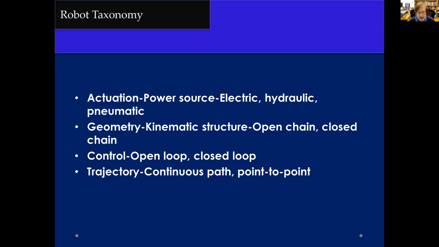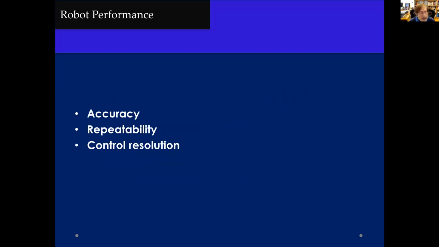These are the taxonomic terms which are used in robotics. And we have terms related to the performance: accuracy, repeatability, control resolution. These terms tell us something about the performance of a robot.